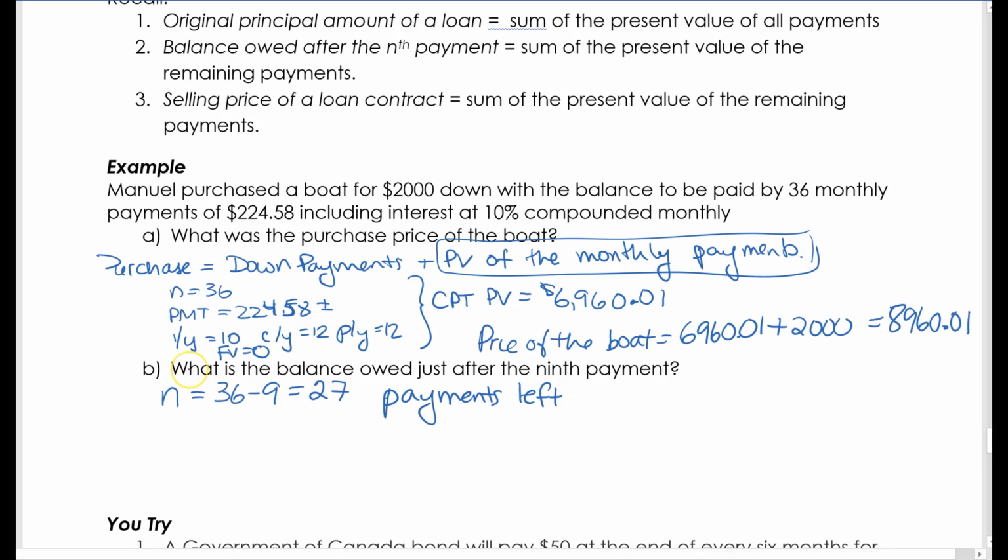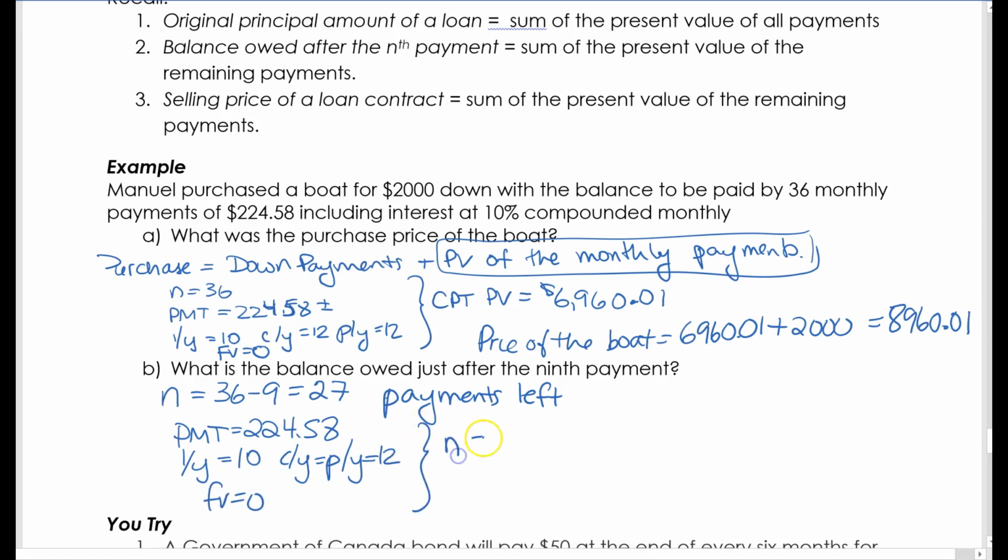You still have the same payment of $224.58, your I/Y is still 10, C/Y is still equal to P/Y, which is 12, and future value is 0. Except now we change N to 27.